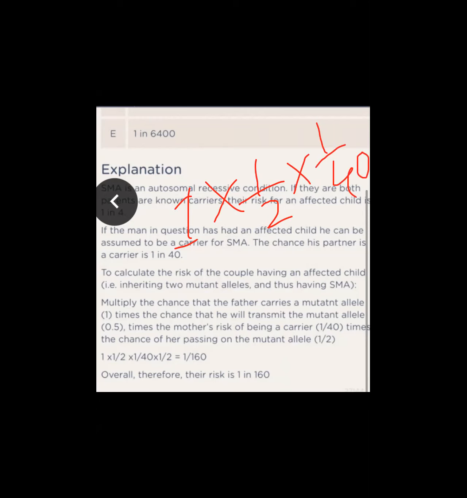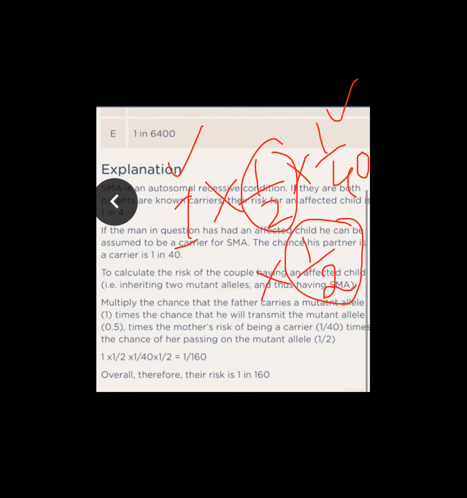If the mother is a carrier of the bad gene, which is 1 by 40, then the chance is 50% that she will transmit the bad gene to the child. This half and this half are similar, because we are assuming both parents are carriers.